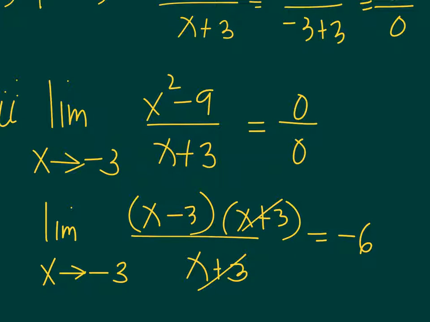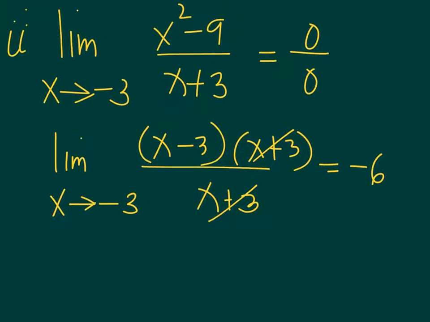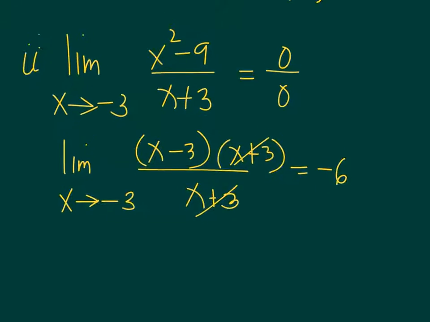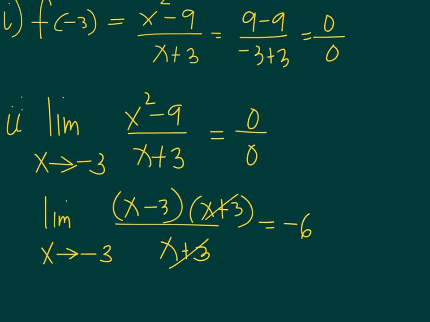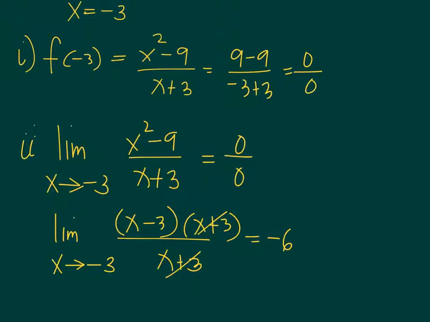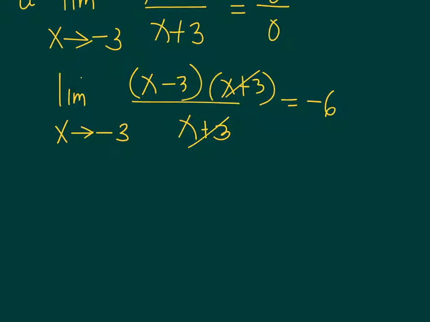Even if you check it from the left side and the right side, you will get the same negative 6, because we were able to directly get the limit even just by using the substitution. So part 2 worked.